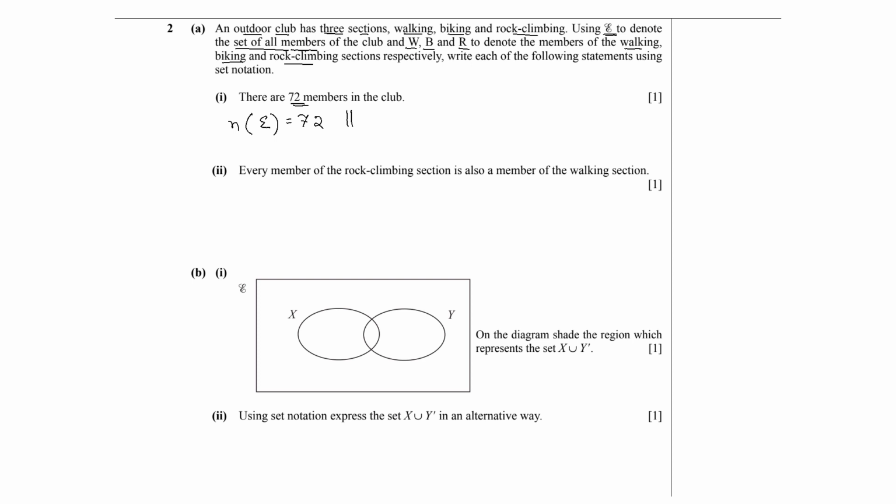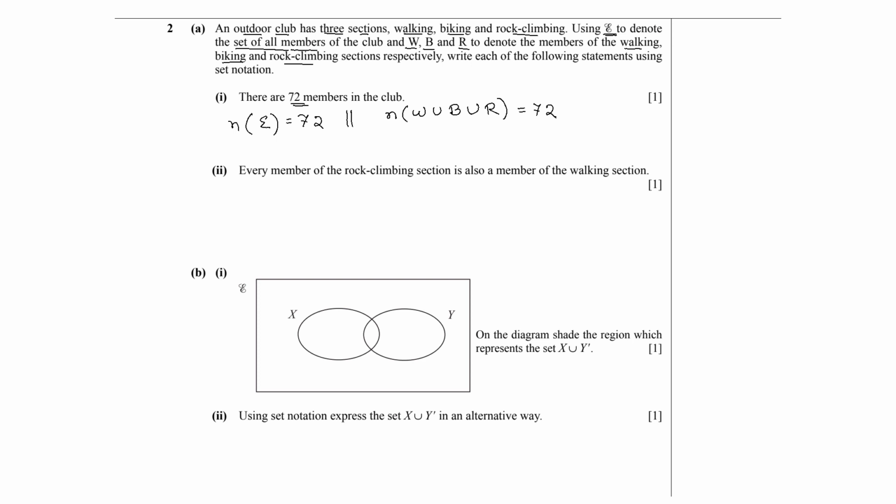Alternatively, we could write n open bracket W union B then union R close bracket is equal to 72. This is because the outdoor club has 3 sections.